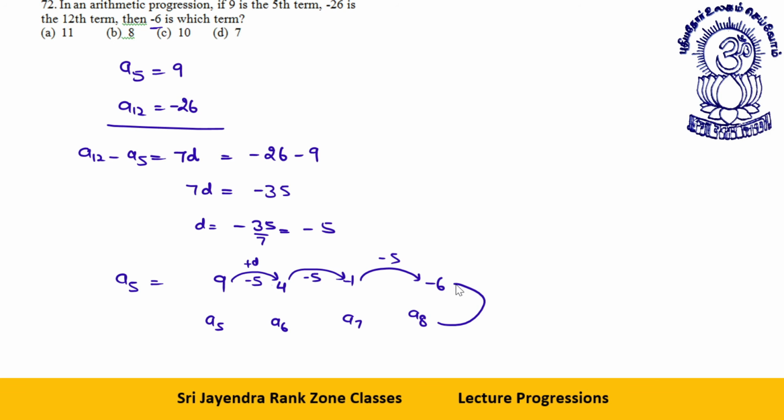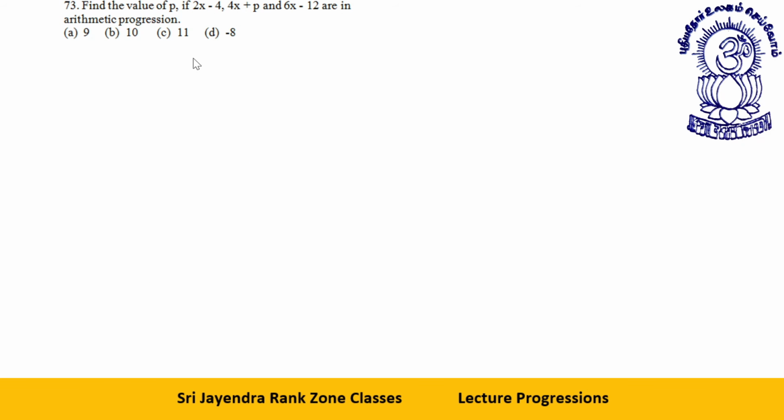Okay. Next one. Similar question. These three terms are in AP: 2x minus 4, 4x plus p, 6x minus 12. Therefore, what will happen?